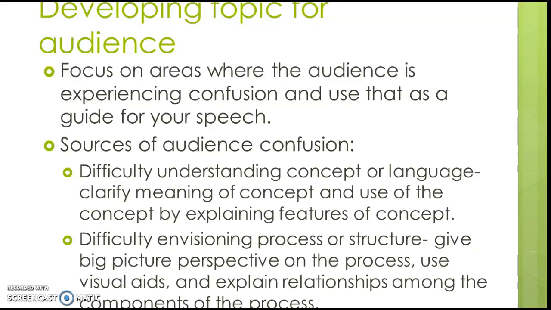That's why you need to make sure you clarify the meaning of the concept, really explain it, give a good solid definition, and then explain the use of the concept by explaining its features. So look at the different features of globalization or ethnocentrism, making sure you really explain that concept in detail, not just defining it, but also looking at the features so your audience can fully understand the concept. Another source of confusion is difficulty envisioning a process or structure.